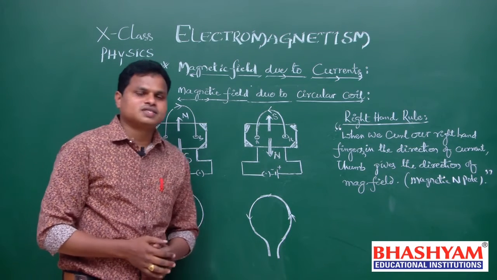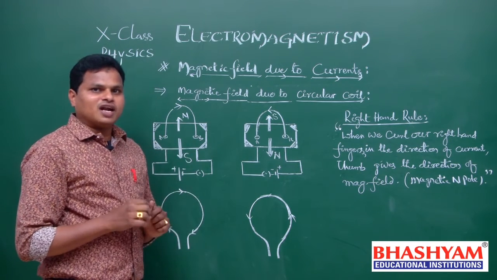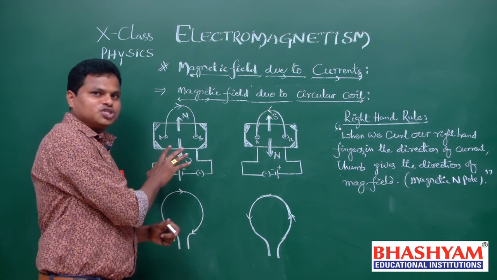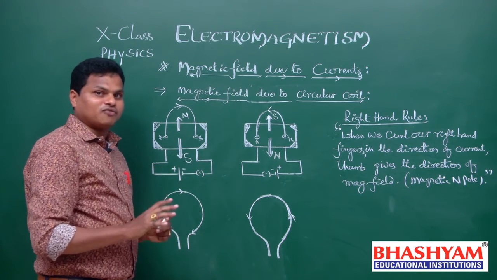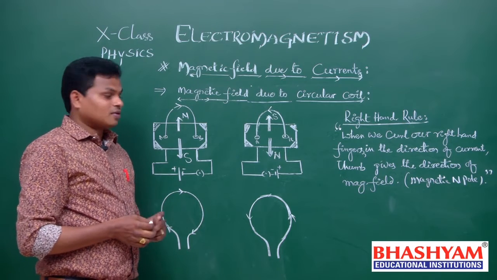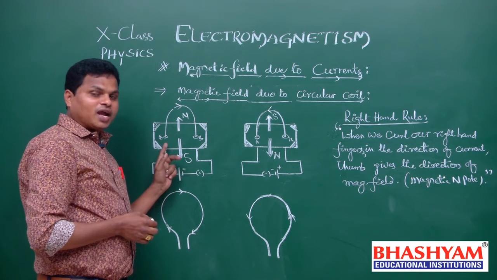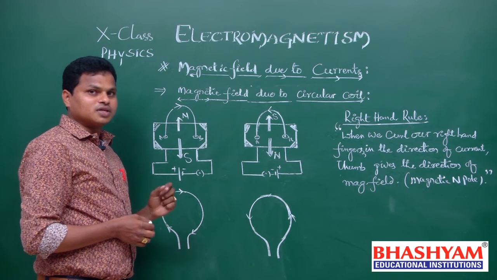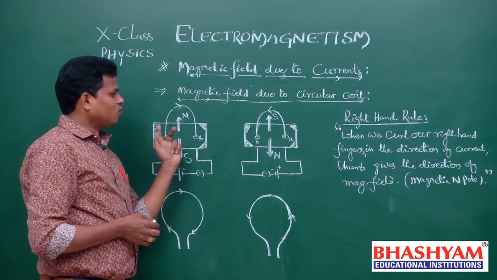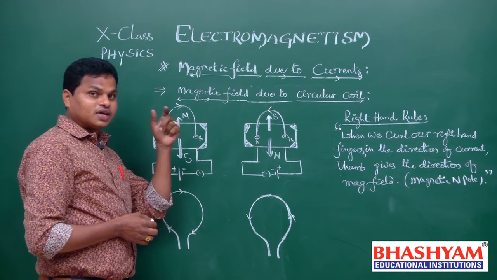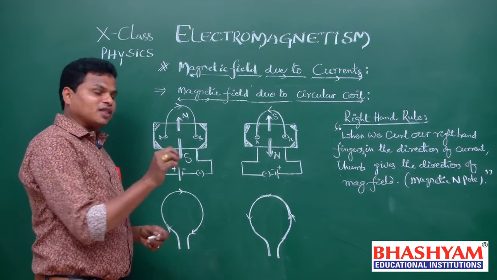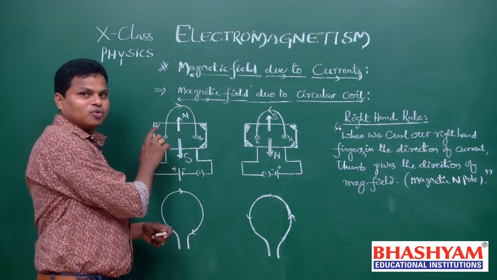Now, next, what is the direction of the magnetic fields at points A and B? At positions A and B, what is the direction of the magnetic fields? At a point, you can use the right hand thumb rule. You do not use it throughout the coil. If you consider the whole coil, you use the right hand rule, but at any point on the wire, you can use the right hand thumb rule.